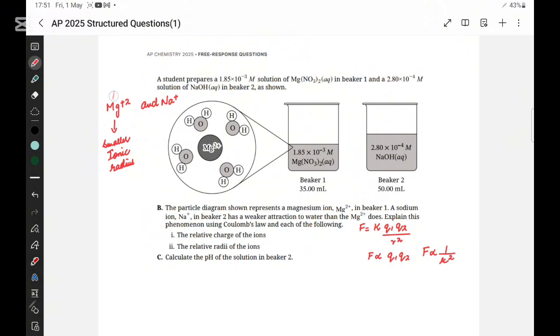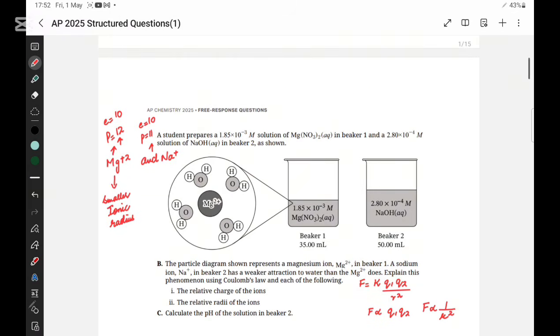For example, the protons here are going to be 12 protons, and as it has lost 2 electrons, it is going to have 10 electrons. And in sodium we have 11 protons and 10 electrons. So here you can see more protons in magnesium are pulling 10 electrons as compared to sodium, so it is going to have a stronger force of attraction.